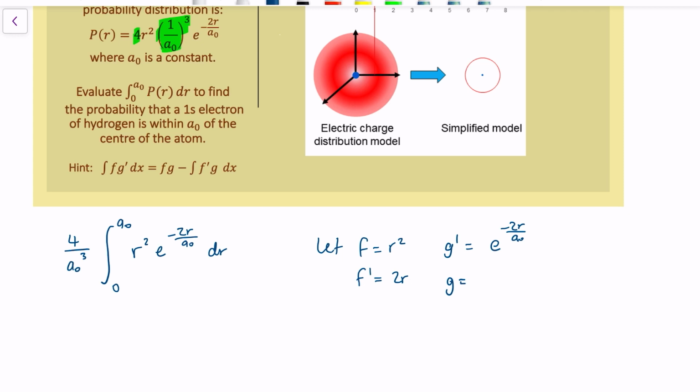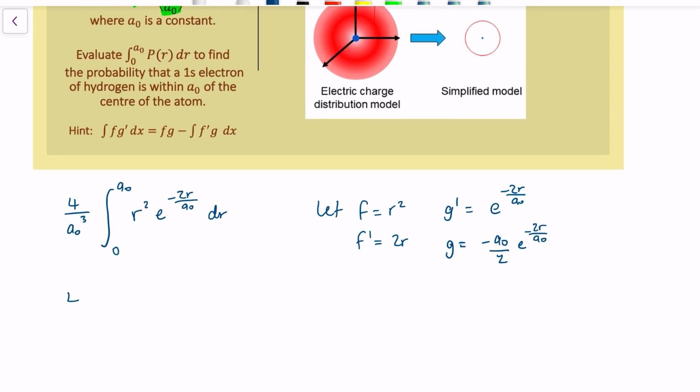Here we've got g dash, and we want that for g. You can just check that that differentiates back to the same thing, and then we sub that into the formula.